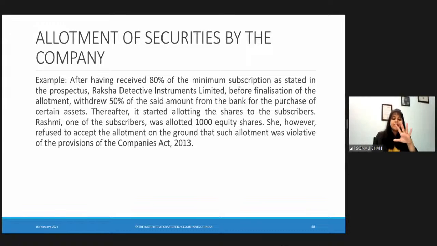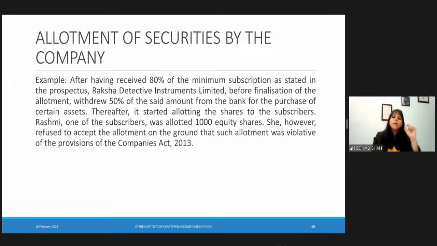So let's say total 100 shares are offered for sale, or it has been offered for subscription by the company. The minimum subscription requirement is 90%. That means the company should have received the application for at least 90 shares, right?